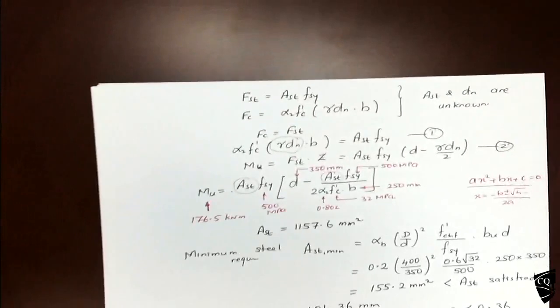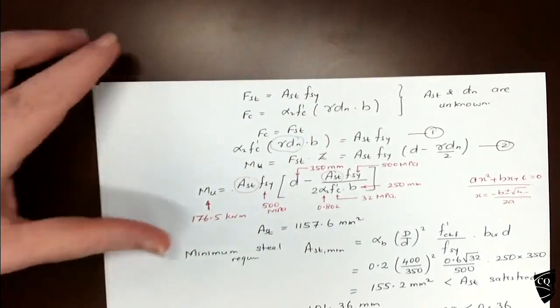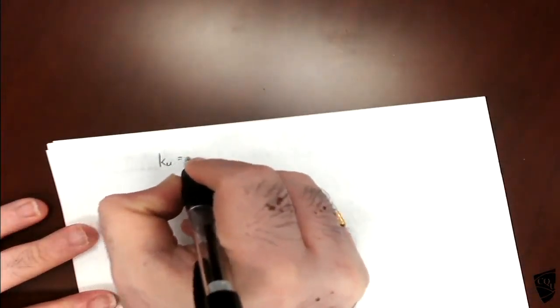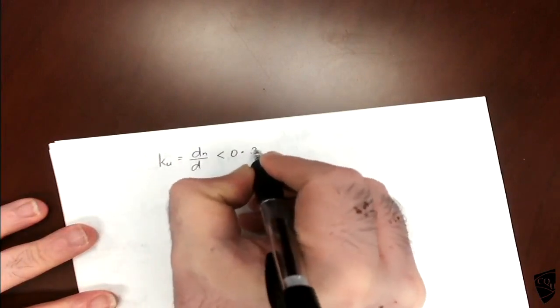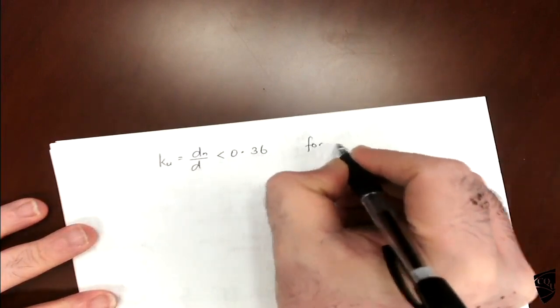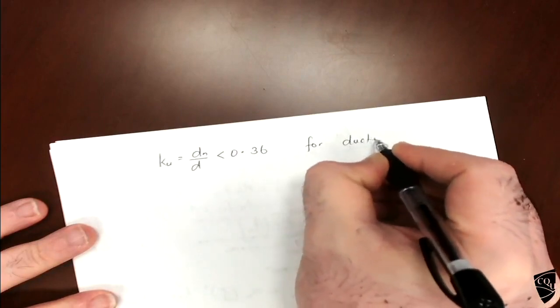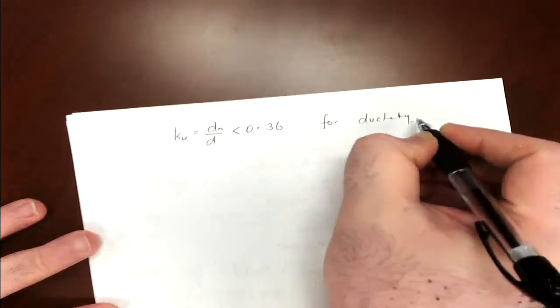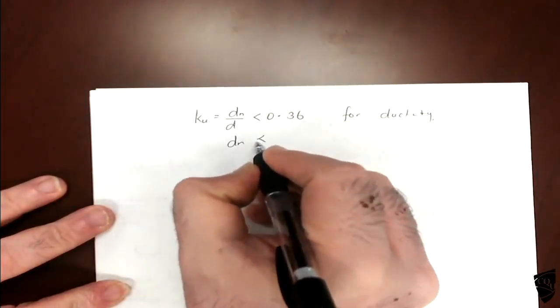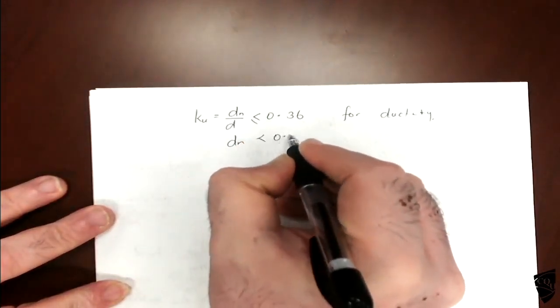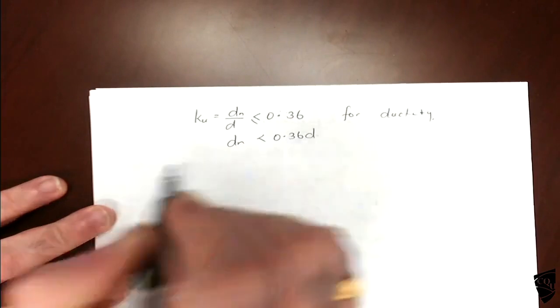0.36. Okay, because Ku value for ductility. So dn should be less than this one.